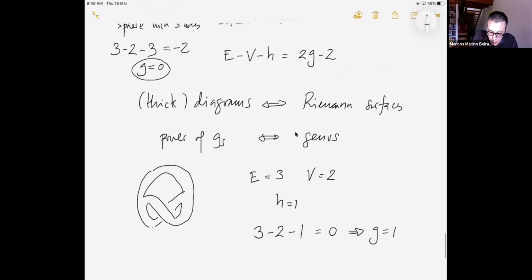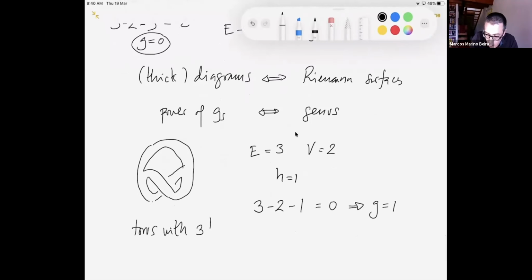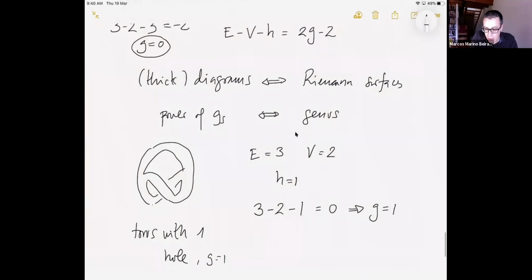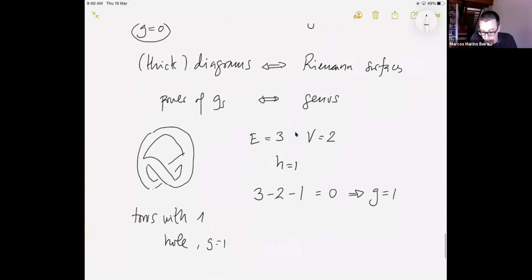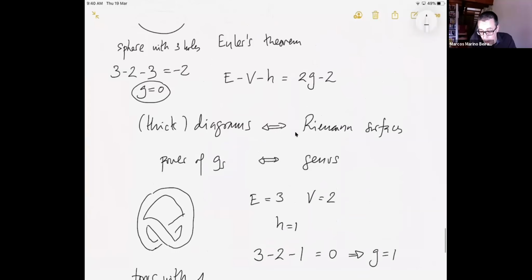So this is actually a torus with 1 hole, because h is equal to 1, and then g equals 1. So you see how in this calculation we start getting Riemann surfaces with different topologies, and the powers of the coupling constants will depend on the topology of this Riemann surface.